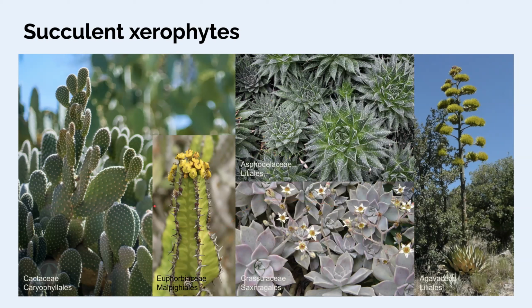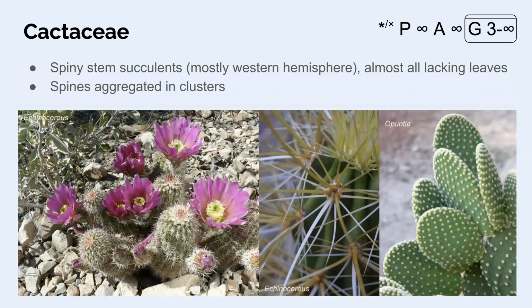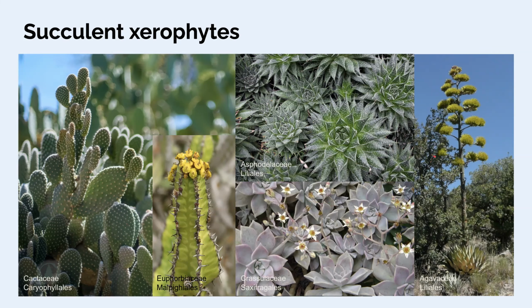These are stem succulents in a couple of families, Cactaceae, Euphorbiaceae, and then quite a few leaf succulents. So a little bit of difference, and I'm going to focus on this difference in what organs are more modified for storing water. So stem succulents, and we'll get into those first.